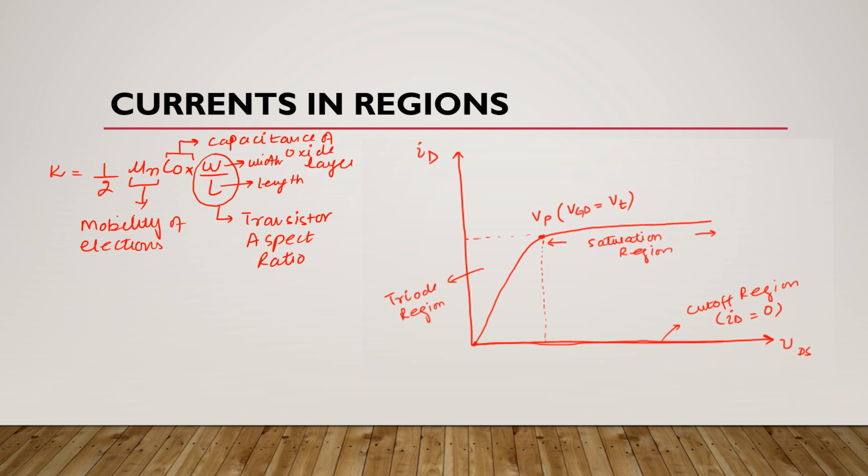Okay, now this capacitance is equal to this equation, where this is permittivity of silicon dioxide, and this term is oxide thickness.